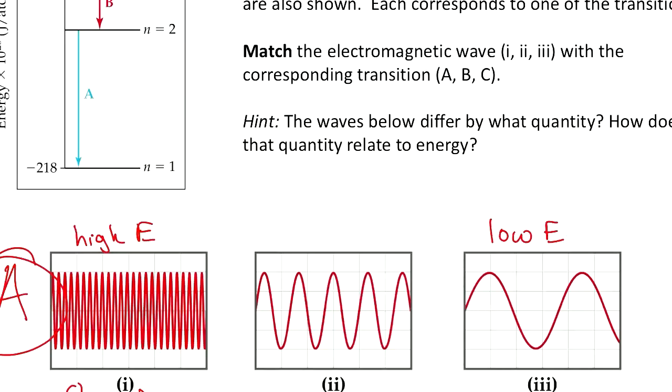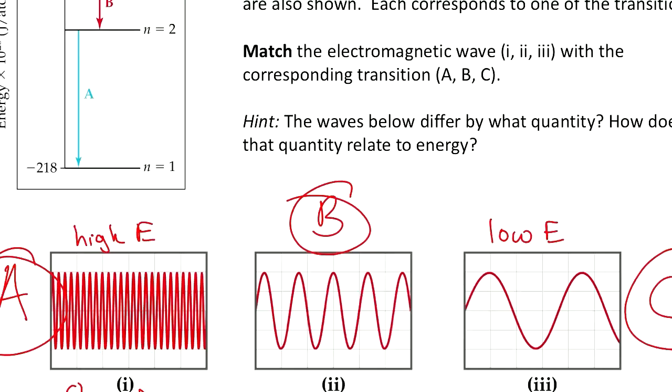Then wave 3, with the very low amount of energy, is going to be which transition? C, yes. And then the middle one, B, is B, right? So the amount that you drop is related to the energy difference. If you drop a very large amount, that's going to be a very high energy photon being released. Versus if you only drop a little bit, that will result in a photon with a very small amount of energy, so a long wavelength.